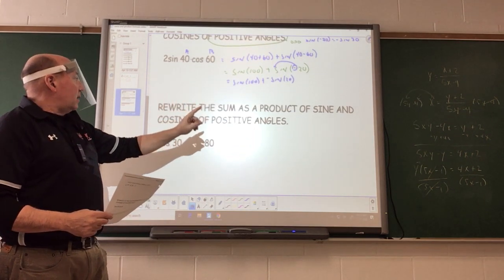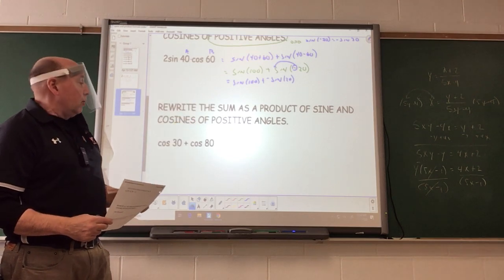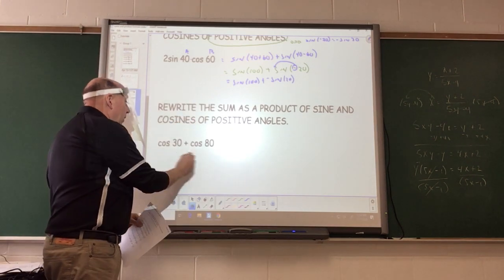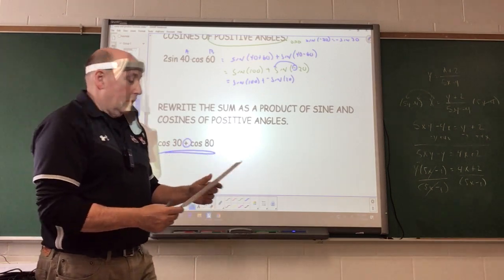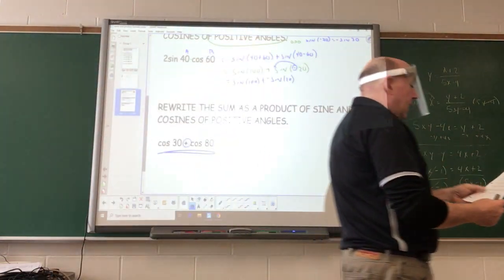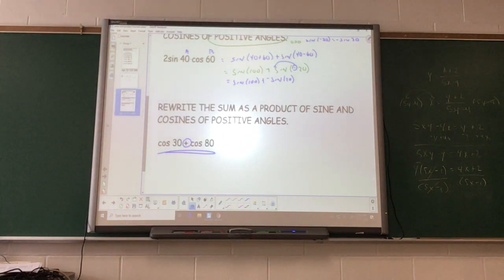Rewrite as a product of the sine and cosine of positive angles. Now I want to deal with this as a product. We have sums and differences. So I'm looking at the right hand side. I have the left hand side, I want to transfer it to the right hand side.